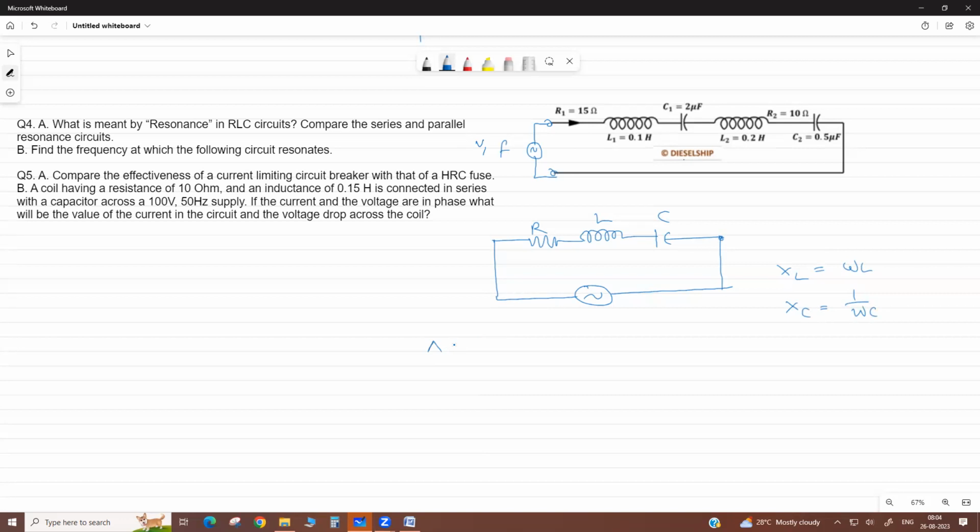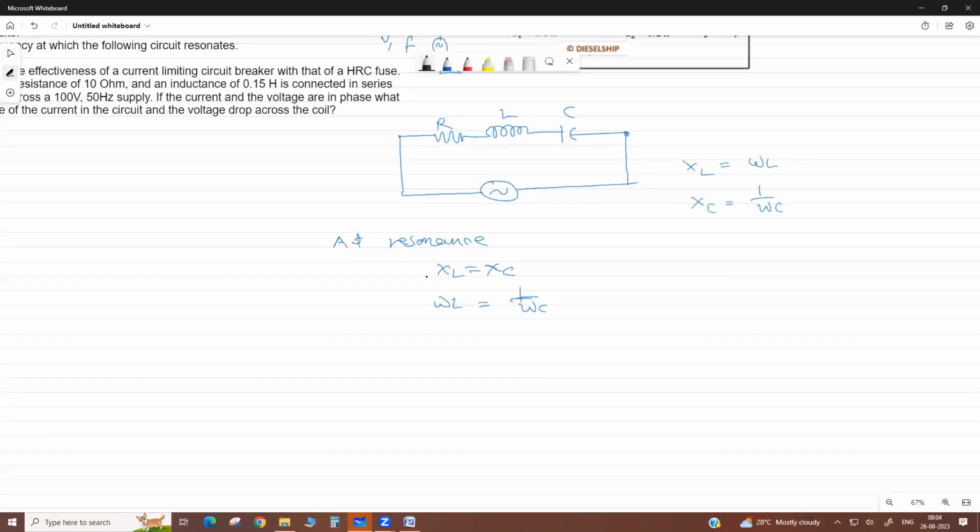Now at resonance, XL equals XC, or omega L equals 1 by omega C. This occurs at a particular frequency.